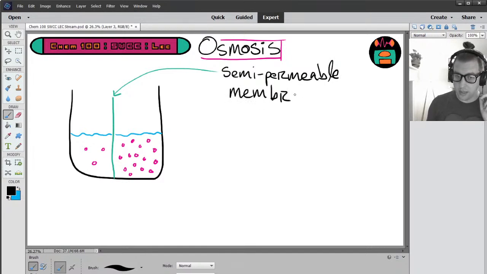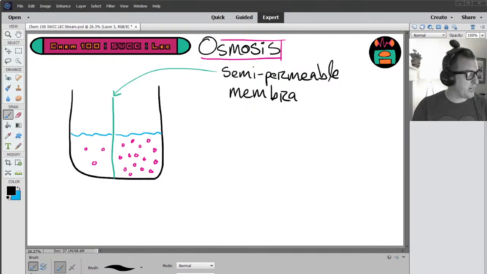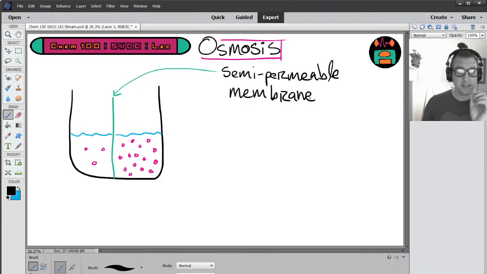What we mean by semi-permeable membrane is a barrier that some things can pass through and other things can't. Specifically, the semi-permeable membrane allows solvent molecules to pass back and forth, but prevents the solute from flowing back and forth. Right? So solvent can go back and forth, but solute can't.